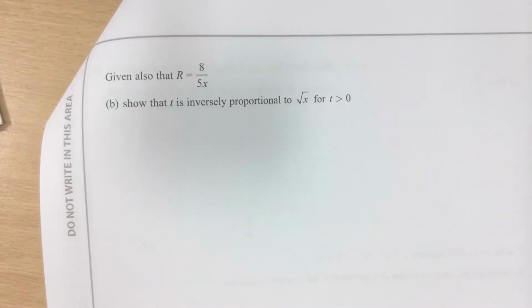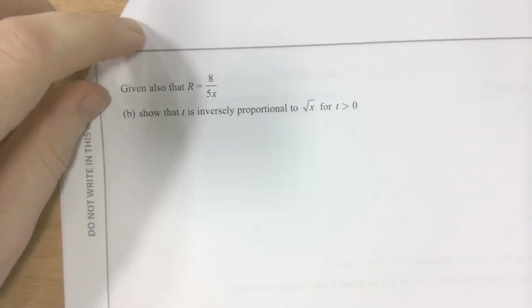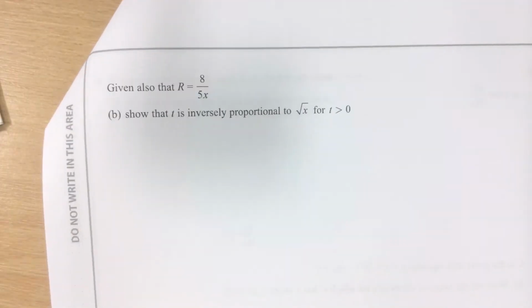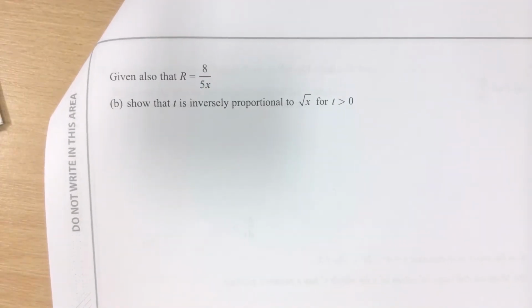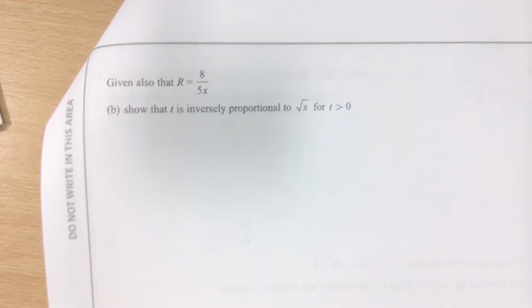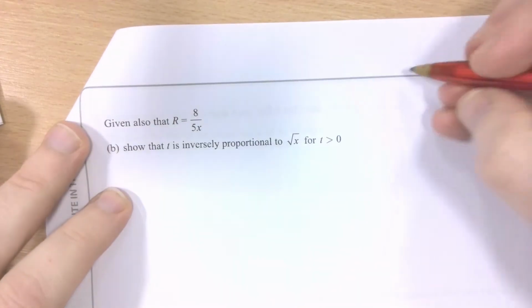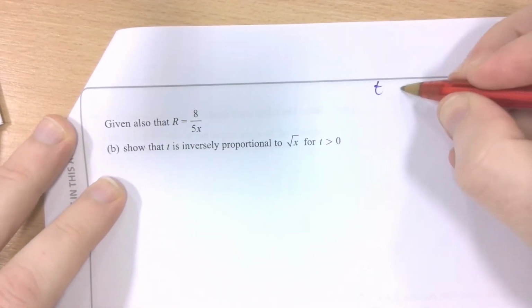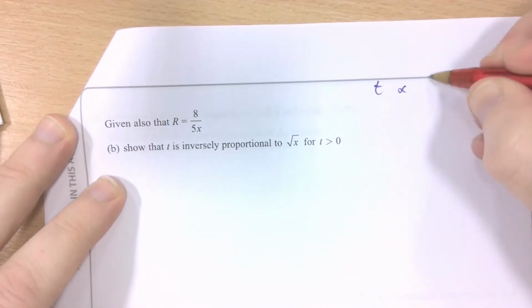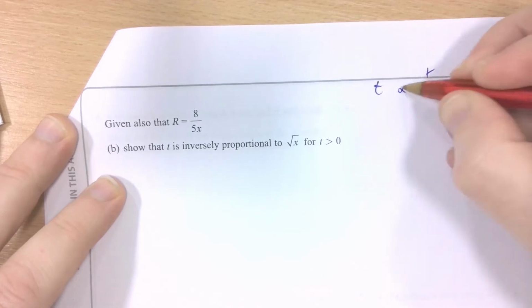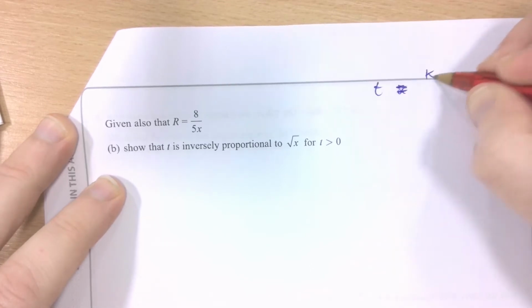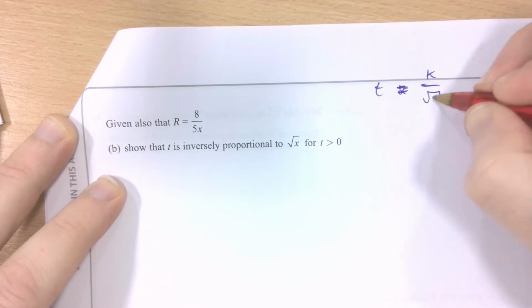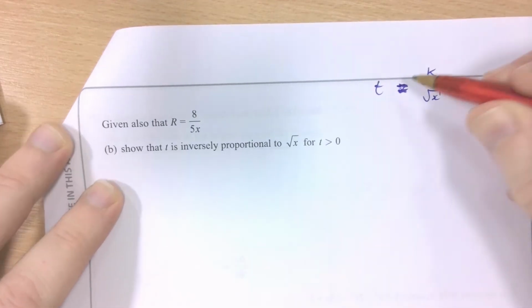The second part here: given that r equals 8 over 5x, show that t is inversely proportional to root x for all values of t bigger than 0. Inverse proportionality. So what does that mean? If t is inversely proportional to root x, t is equal to k over root x. That's what inverse proportion means.